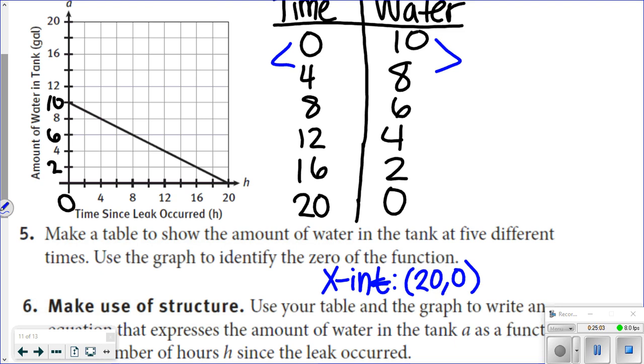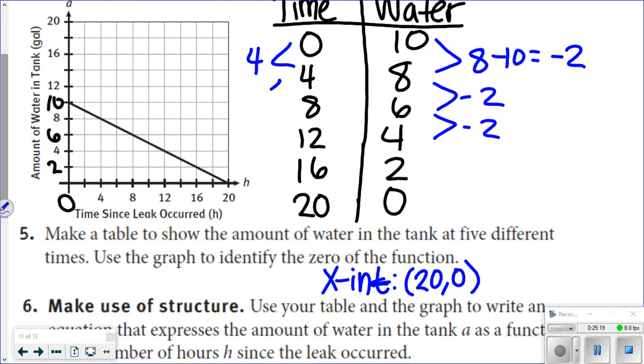10 down to 8. 8 down to 6. What's 8 subtract 10? We're going down by 2. Okay, what are we changing by here from 0 to 4 in our time column? We're going up 4.